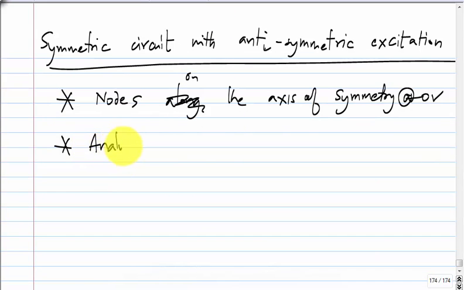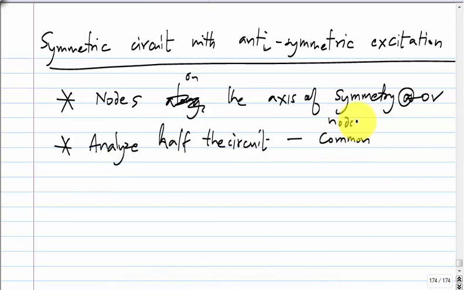So, you again analyze only half the circuit. And in this case, the common nodes between the two halves, you have to ground them. Okay.